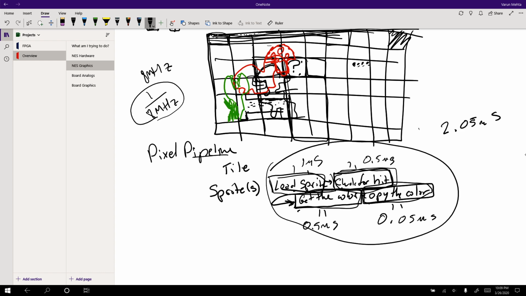And my frequency is going to be 1 divided by that, which is, I think, give or take 500 kilohertz.